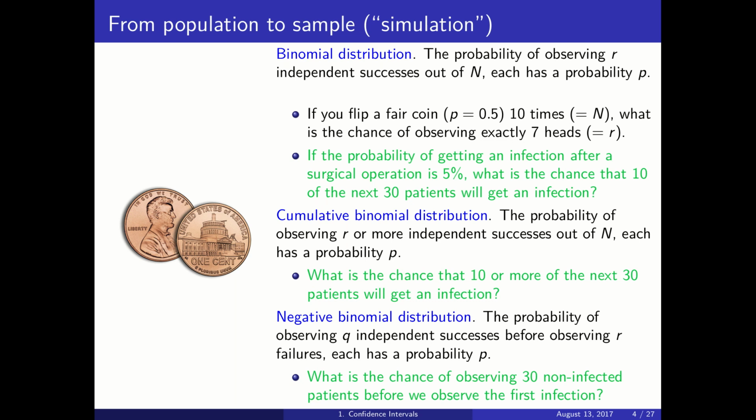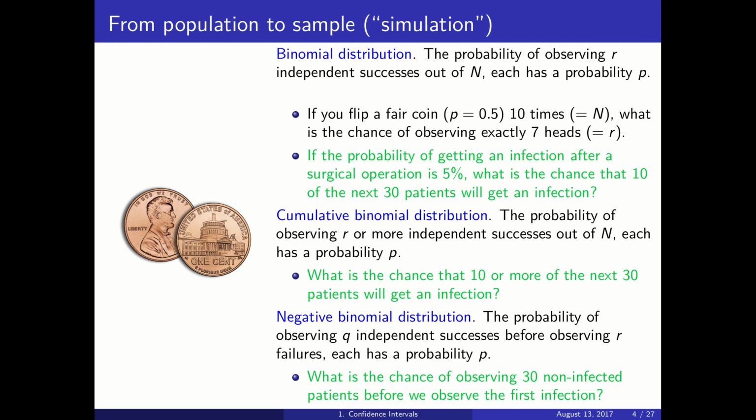And the negative binomial distribution is again a slight variation with respect to the previous ones. So what is the chance of observing 30 non-infected patients before we observe the first infection?